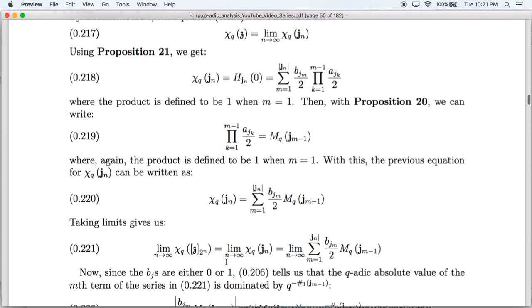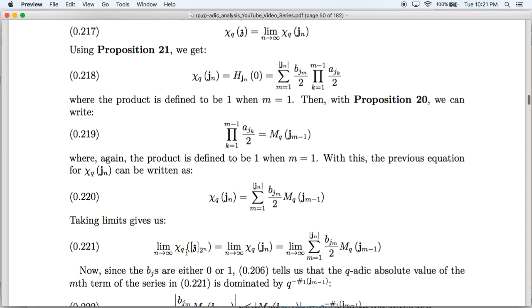So taking limits, formally, we get the limit as n approaches infinity of this. So we're going to consider the string that you get when you project z mod 2 to the n. We're then going to figure out mq of z mod 2 to the m minus 1, and then multiply it by bjm. The bj's are going to be 0 or 1 based on whether jm is 0 or 1.